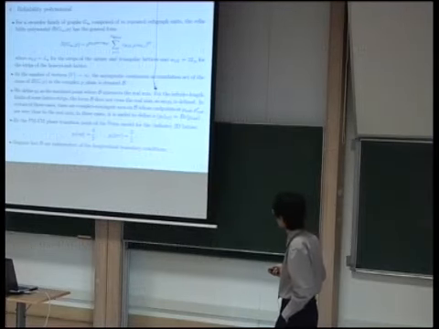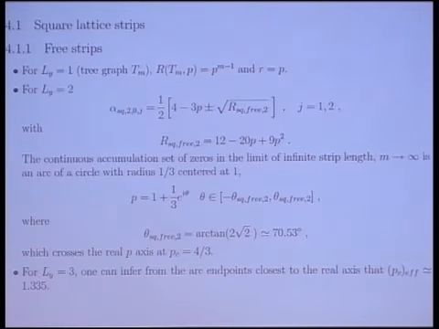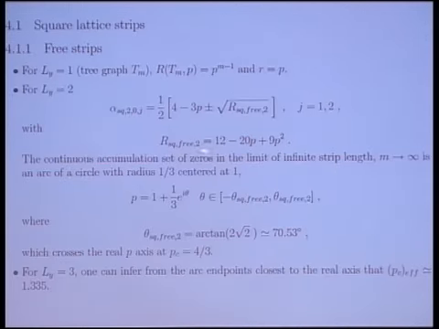And from the results of the two-dimensional phase transition of the Potts model, we expect that P sub C, which is the point where this locus crosses the real axis, should be 4/3 for the square lattice and 3/2 for the triangular lattice. And we found that for the square lattice with Ly equal to 2 here, this crossing is exactly 4/3, which is what we expect for the two-dimensional lattice.